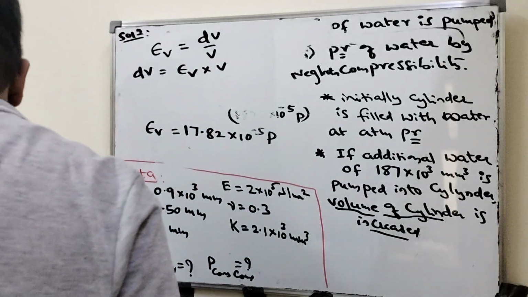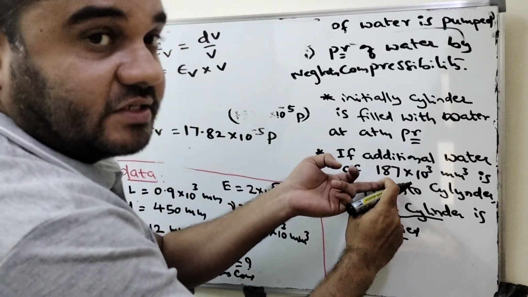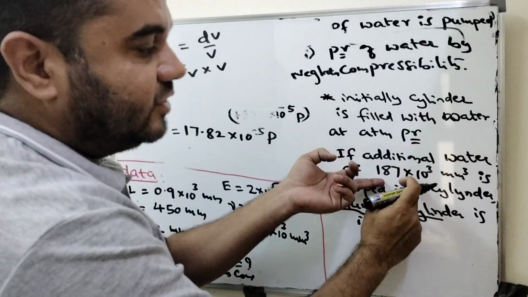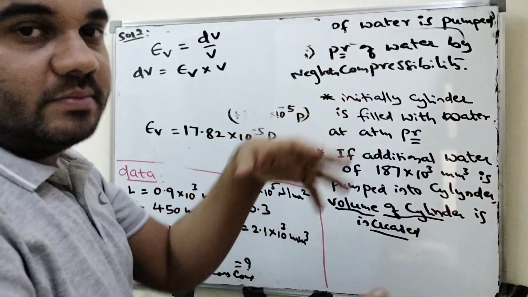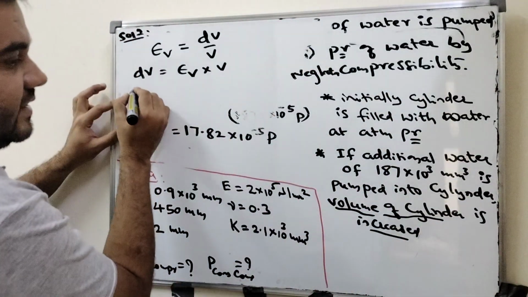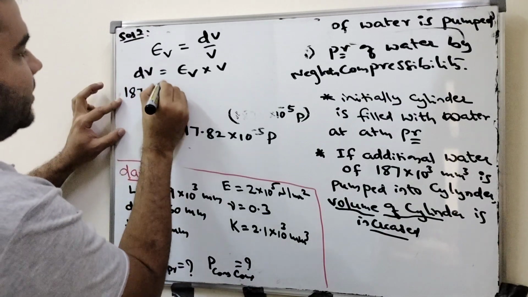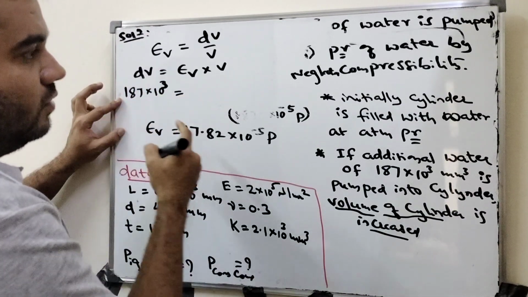Okay, so change in volume, how much is there? If you supply the external amount of water, 187 into 10 raised to 3, it is extra you are supplying, that is the increase in the volume, right? So 187 into 10 raised to 3, that is extra volume, is equal to, what is the volumetric strain?